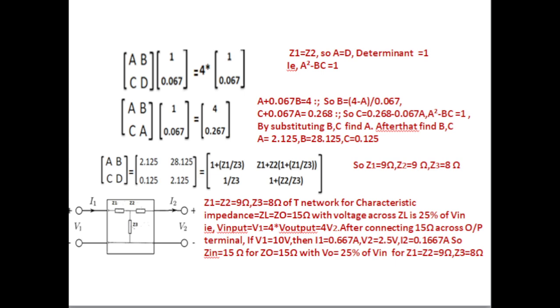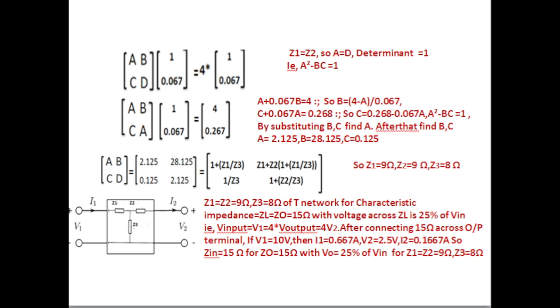Here in this matrix, after substituting and manipulating, we find A equal to 2.125, B equal to 28.125, C equal to 0.125. ABCD matrix equal to matrix of 2.125, 28.125, 0.125, 2.125, in terms of components of the T network.